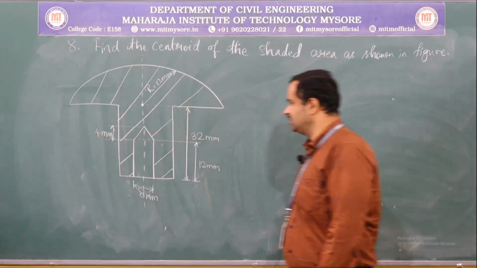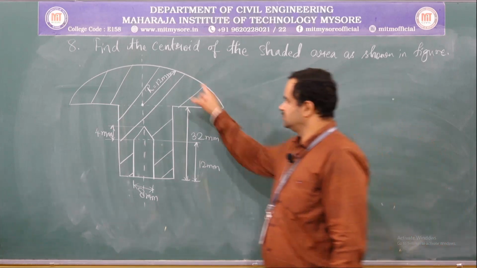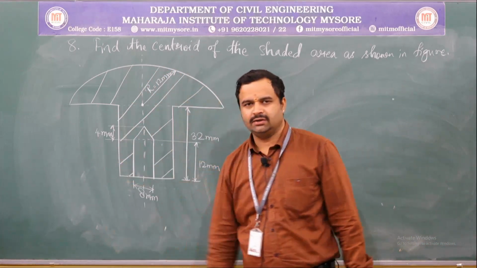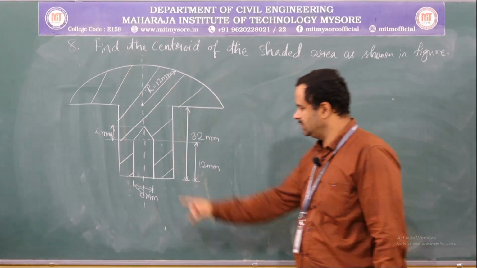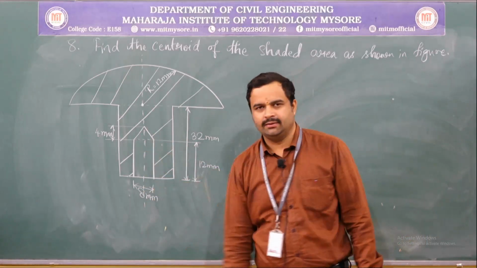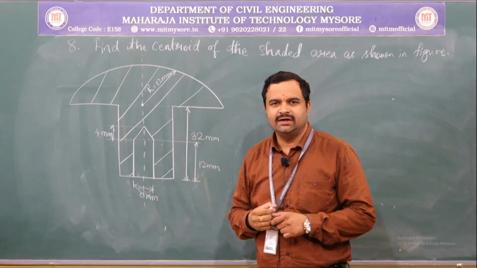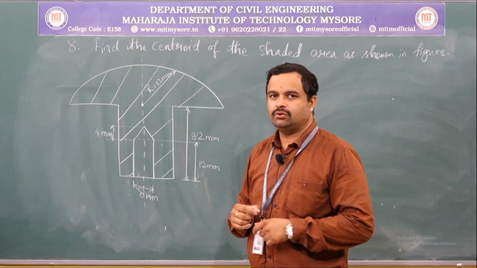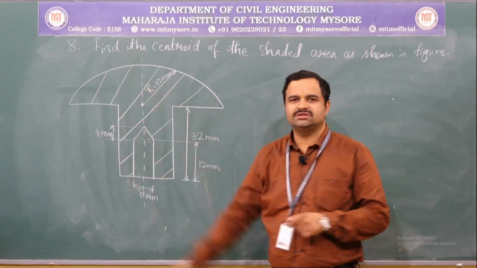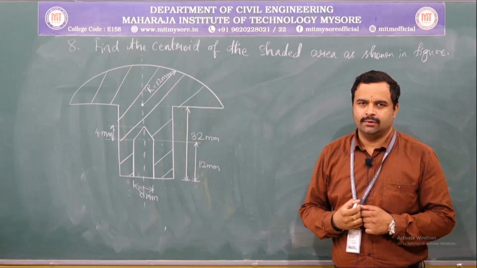So, as you can see, which is the shaded region? Whatever I have shaded is the shaded region, and this is an opening made. The remaining part is the shaded area. We have to locate the centroid of this shaded area.